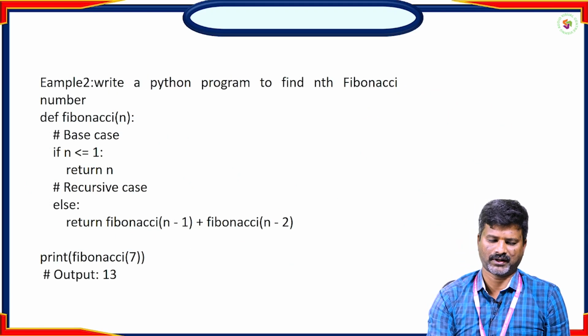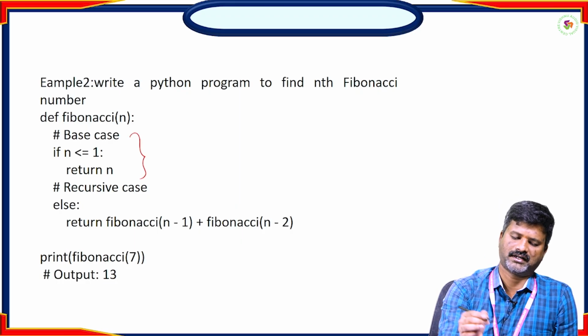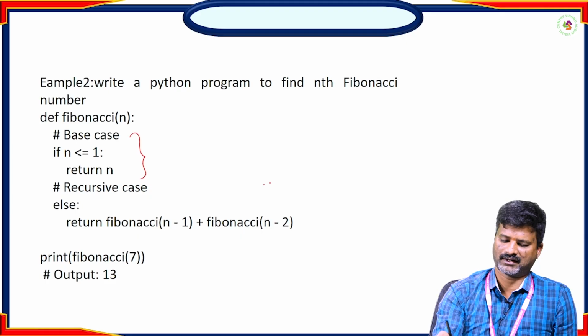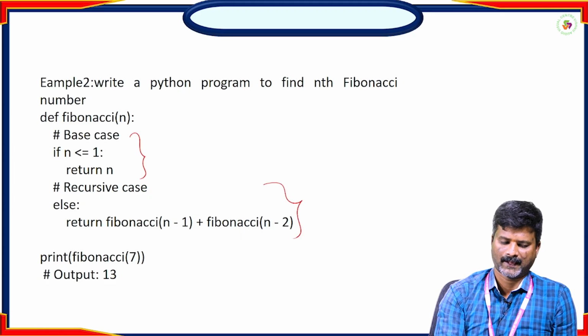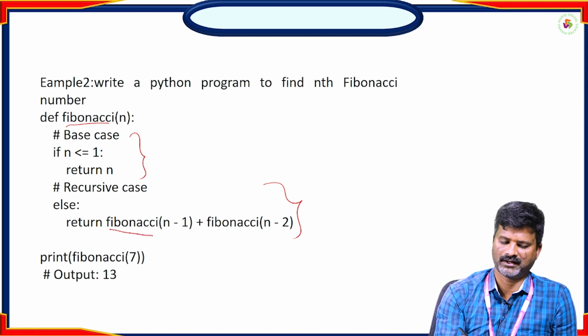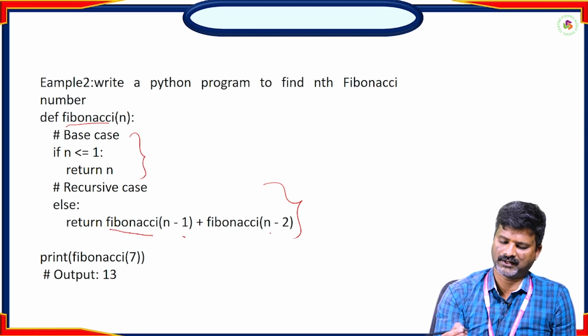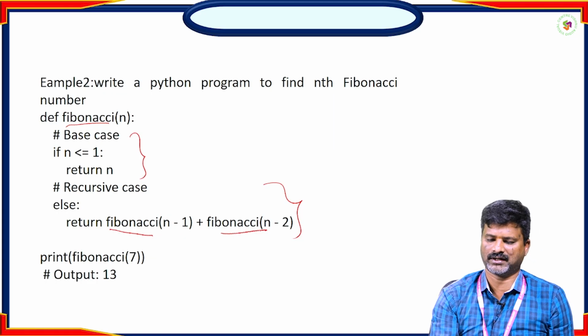So this is another program, the Fibonacci series. First we are defining the base case, then the recursive case for a Fibonacci series. Whatever function name you are taking, that function name I am taking here: Fibonacci of n minus 1 plus Fibonacci of n minus 2. I think everyone knows the Fibonacci series.